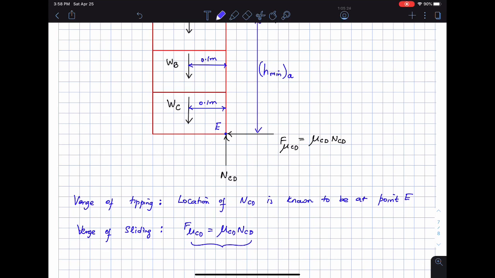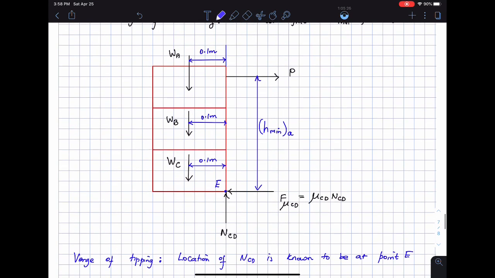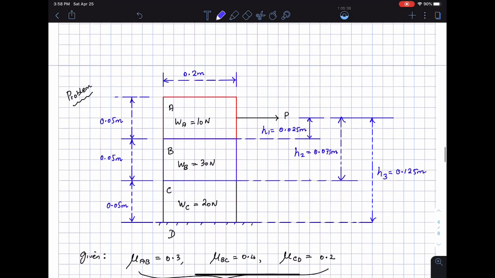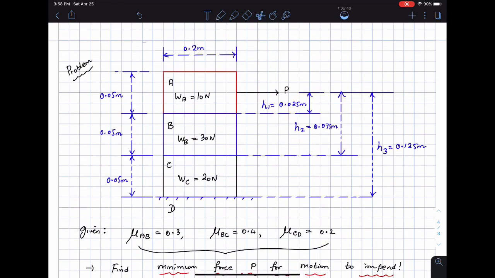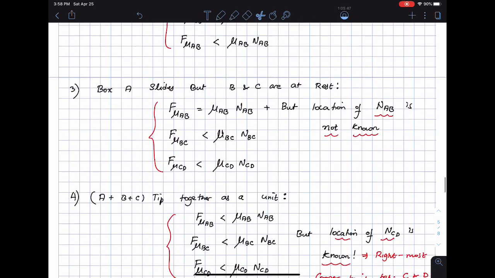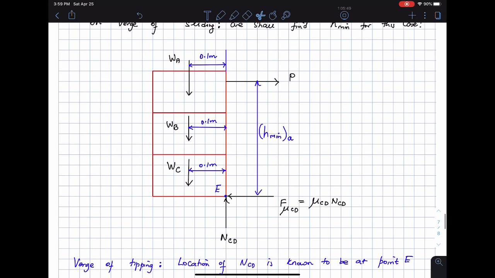Okay, and so once we have all of these, all I have to do is start summing forces in the y direction, summing forces in the x direction, and so on, and then summing moments about the point E. One thing I want to do is take a look at the problem that I have. So I'm just going to copy this and bring it down to where I have the free body diagram drawn.